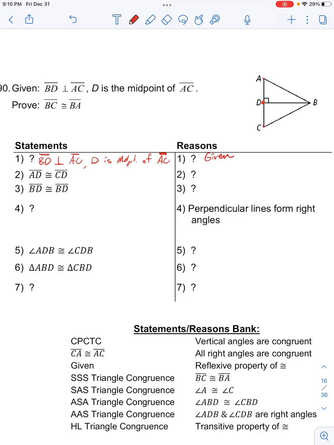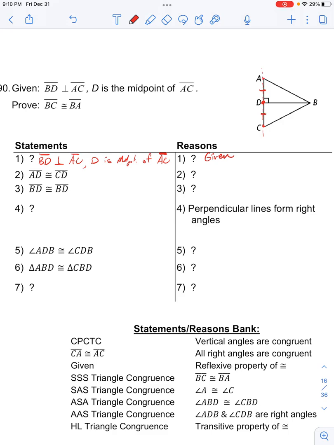So this follows from the given information. If D is the midpoint of AC, so if D perfectly bisects segment AC, this means that the measures of AD and DC are equal, and so it would follow that they are congruent.